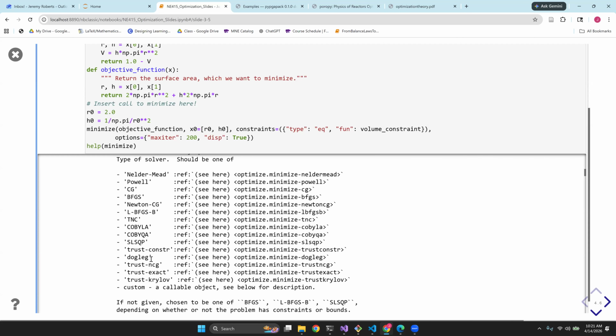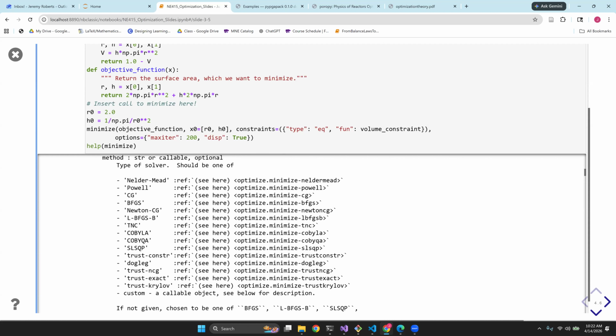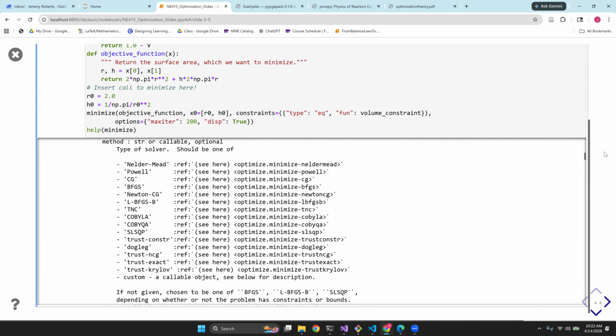There's trust, there's dogleg, there's some trust region things. I'm not sure what else there would be. So usually it will pick a default that works well for the constraints you give it. Some of them don't work with equality constraints. Some of them don't work with constraints at all, I think maybe, right? So lots of things that you can do.